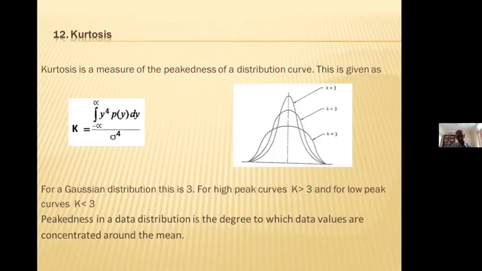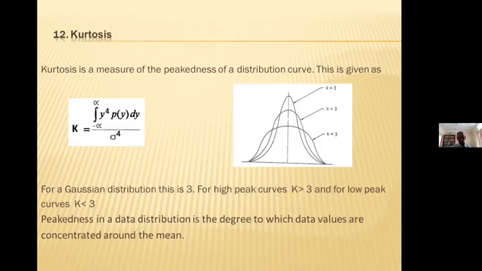Now let us try to understand what it all means. It simply means that if the data values are concentrated around the mean, then the peak is Gaussian.